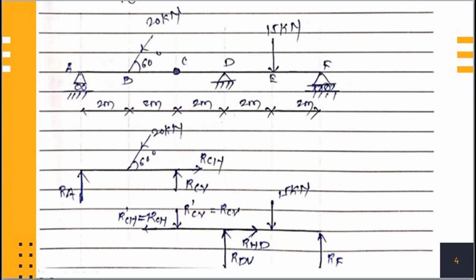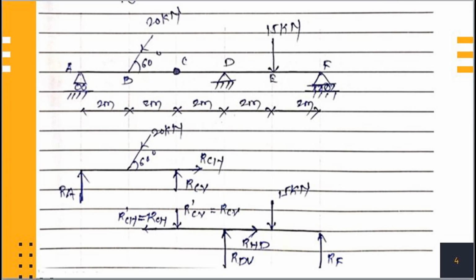Therefore we have to resolve this inclined RC dash into two mutually perpendicular components as RCH dash and RCV dash. Here please note that the magnitude of RC is equal to RC dash, the magnitude of RCH must be equal to RCH dash, and the magnitude of RCV must be equal to RCV dash.